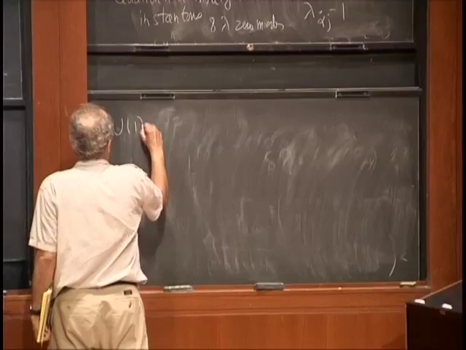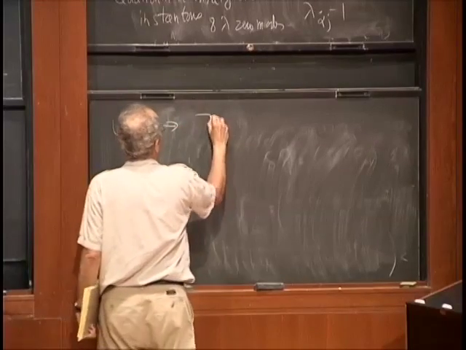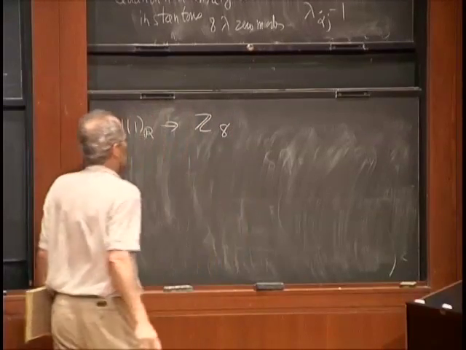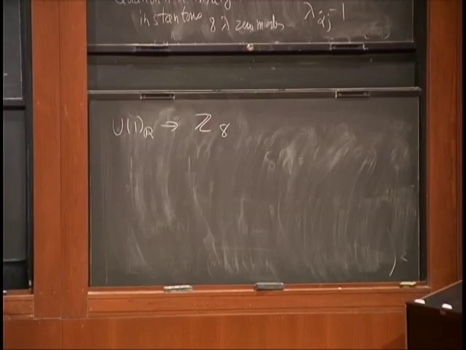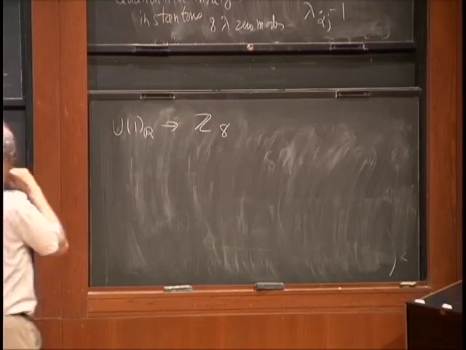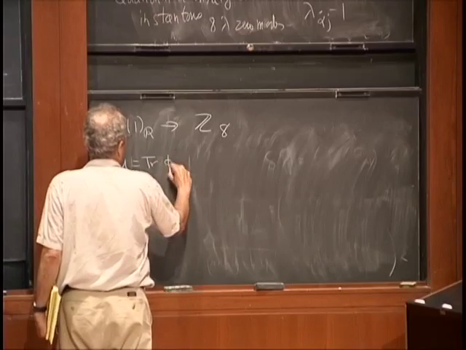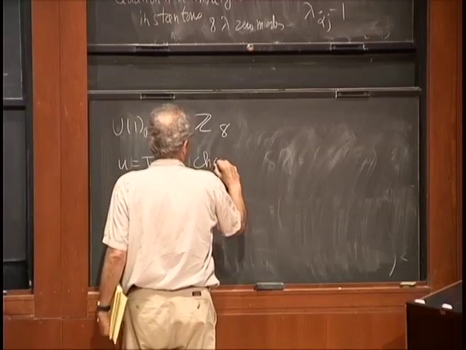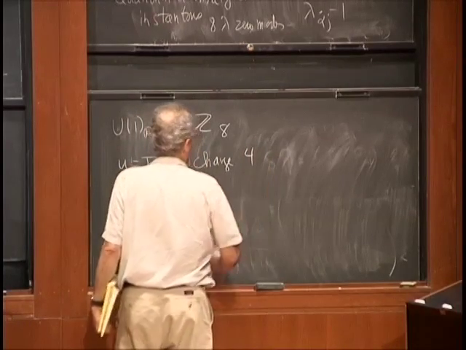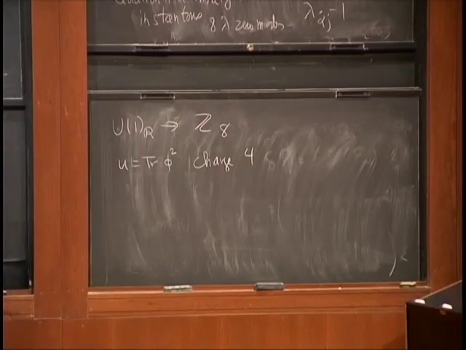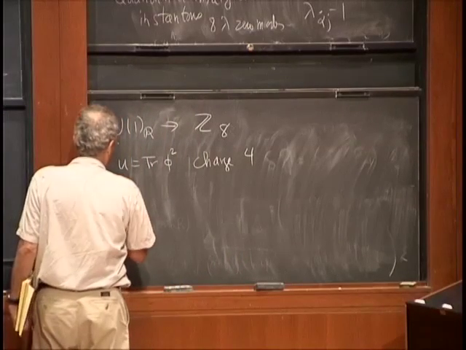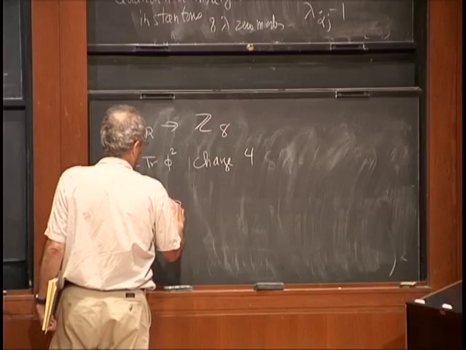So because there are 8 zero modes, the anomaly breaks U(1) down to Z8. And you see, what we called u, which was trace phi squared, has charge 4. So Z8 acts by u to minus u.